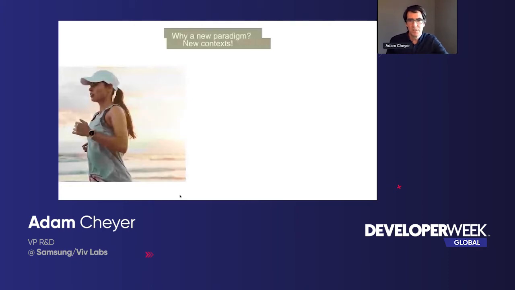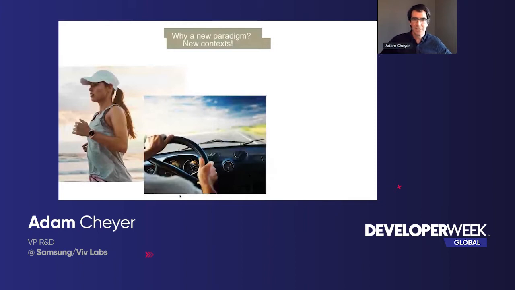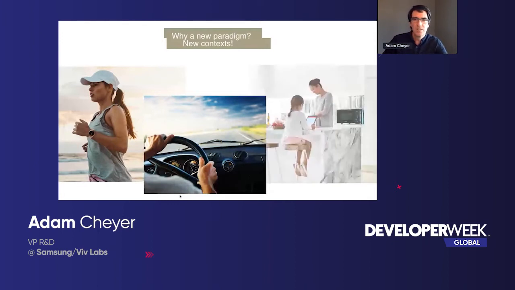So if you're perhaps jogging with your smartwatch, if you're driving in your car, even if you have a big, beautiful Tesla screen or something, I hope you're not looking at it. You need to be focused on the road. If you're in your house interacting with your family, maybe you're cooking or cleaning or what have you, web browsers and smartphones aren't appropriate.